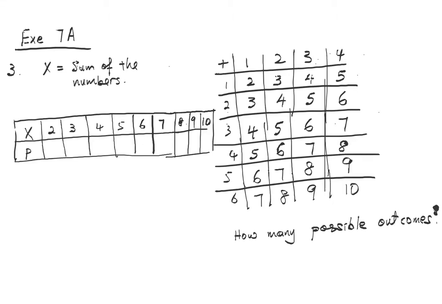Spinner 1 got 4 possible outcomes. Spinner 2 got 6 possible outcomes. So in total, how many possible outcomes? Can someone give me the answer? 24.